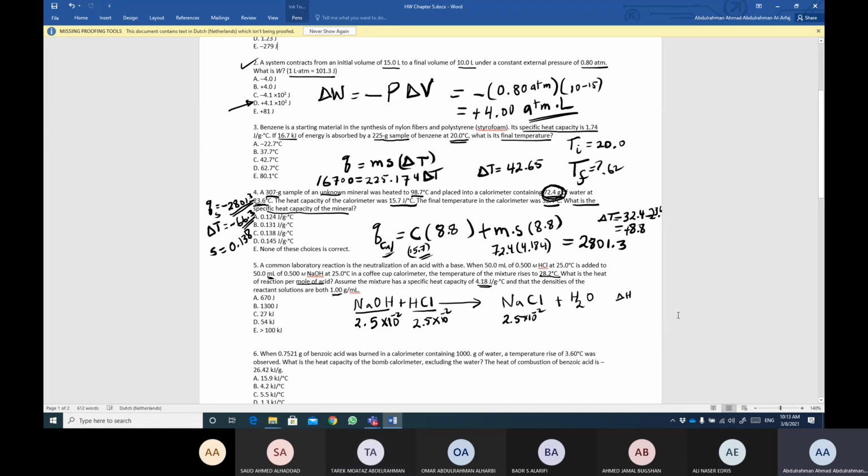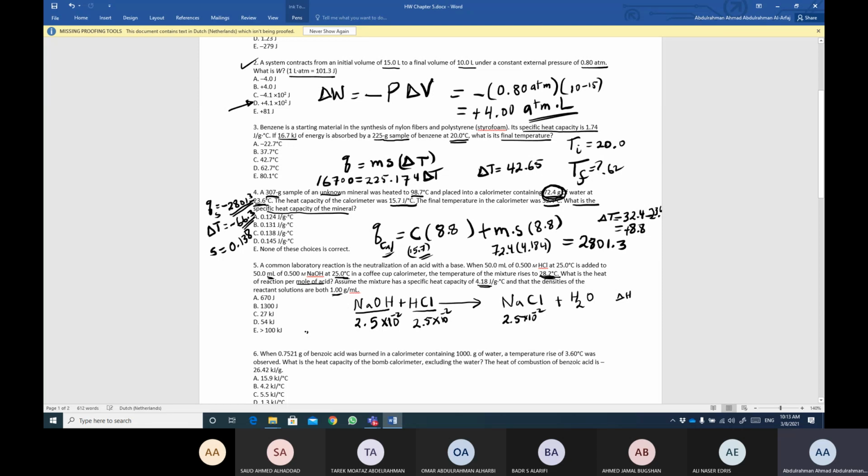Now, so we know this heat is for 2.5 times 10 to the power minus 2 mole. I want it per mole at the end. Now, the temperature raised from 25 degrees C to 28.2 degrees C.